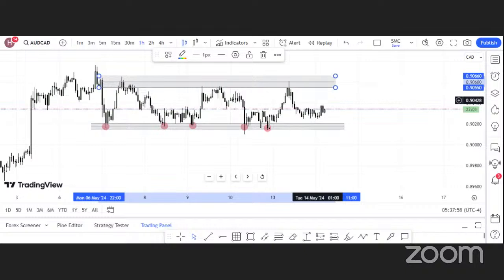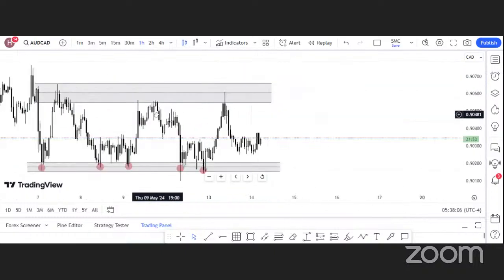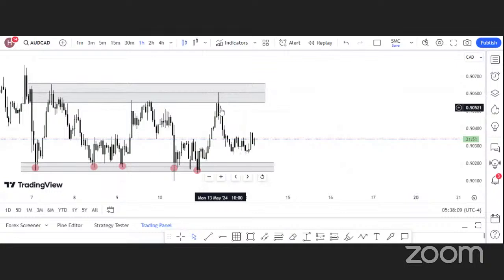All right, guys, let's continue. So, where are we? We're talking about support and resistance. Now, as I was saying, when the market gets to a support level, your next focus should be on the candle formation.